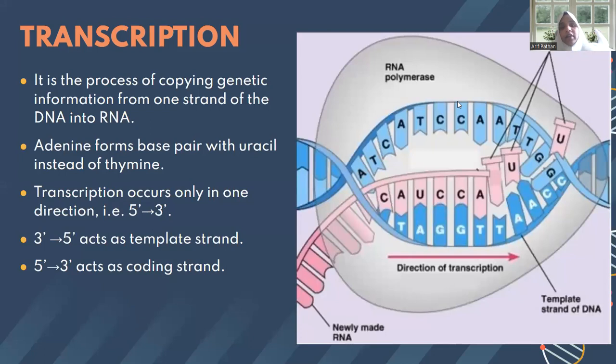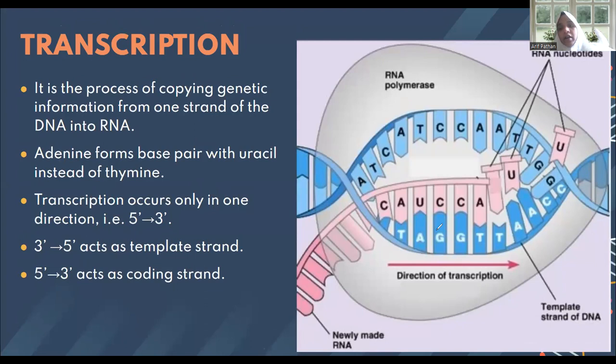If you see over here, let's consider GGT. So GGT was pairing with CCA. So this was the DNA pairing. Now when the mRNA is made, G pairs with C, G pairs with C, and T pairs with A. So if you look at this sequence and the coding strand sequence, they are the same. This is nothing but the coding strand, which is also a misnomer, which will have the exact sequence of the mRNA which is being made.